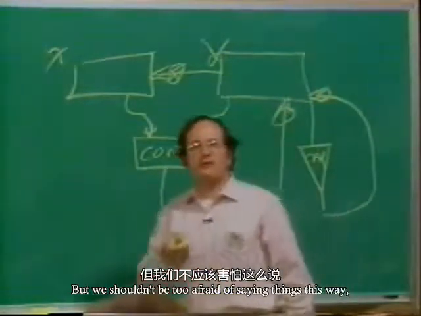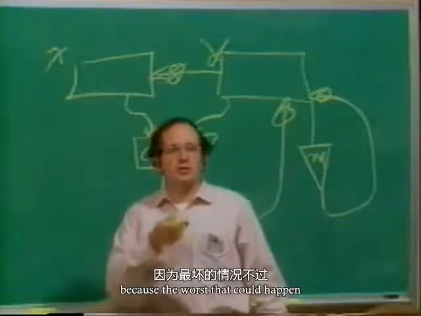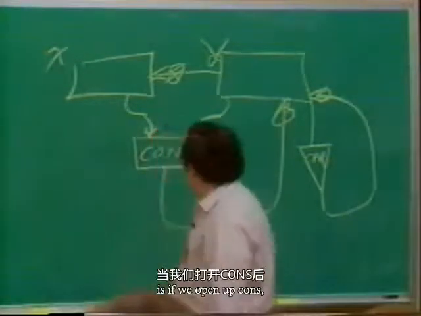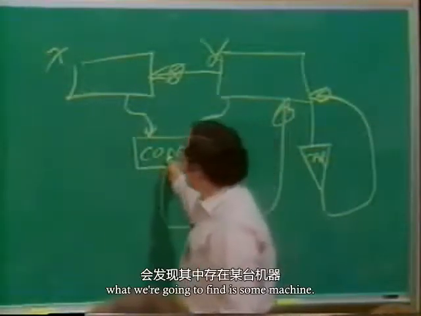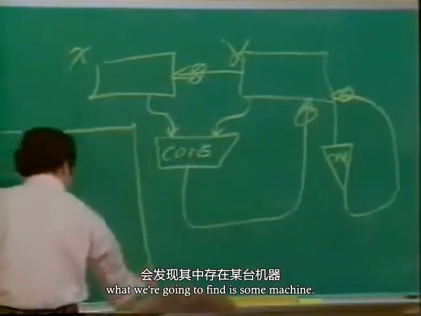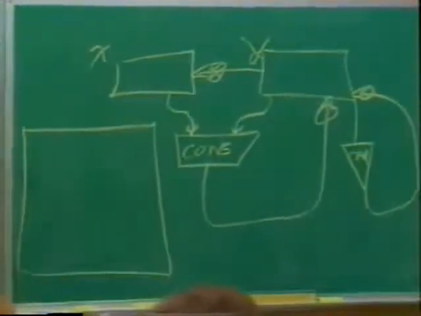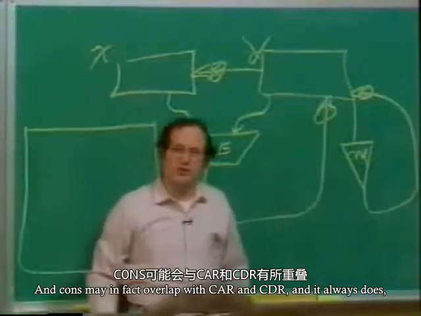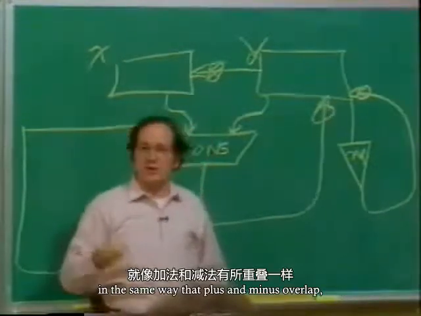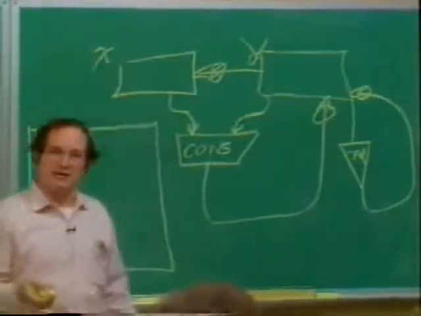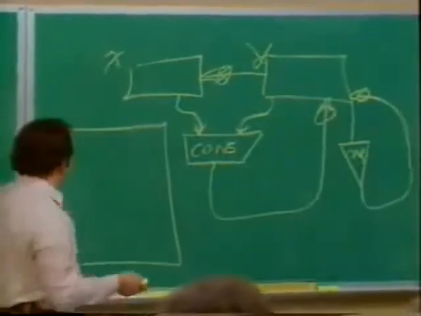Well, we shouldn't be too afraid of saying things this way, because the worst that could happen is if we open up cons, what we're going to find is some machine. Okay? And cons may in fact overlap with car and cdr, and it always does, in the same way that plus and minus overlap and are really the same business.